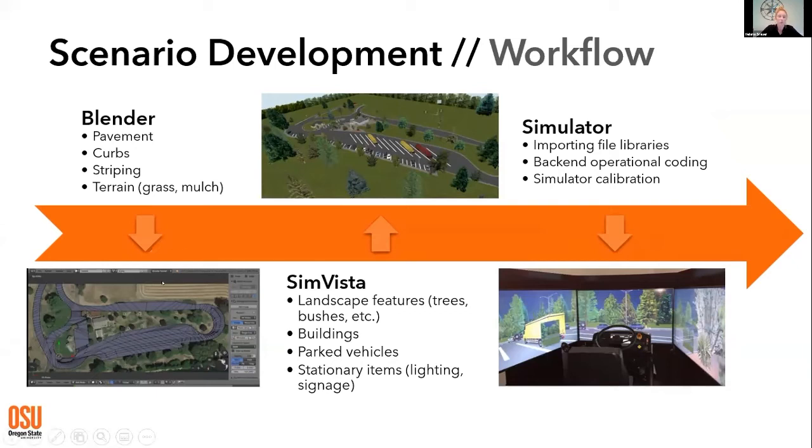And then from this, we imported it into SimVista, where you can see in the top image, this is the translation of the Blender file into SimVista, where I added landscape features, buildings, parked vehicles, and any stationary items. And then through importing file libraries and back-end operational coding and calibration, this was then imported into the simulator and ready for testing.